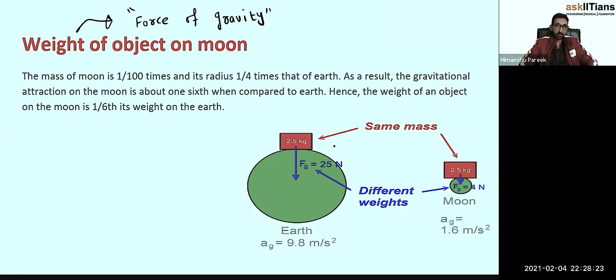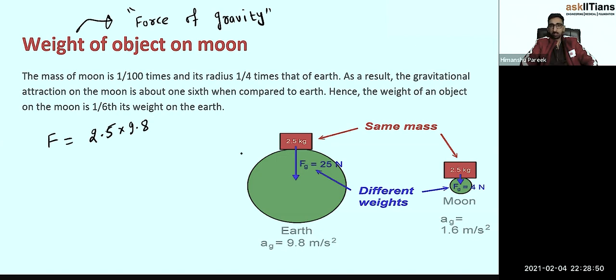Suppose you have a 2.5 kg mass. You learnt in the previous lecture that there is something called gravitational field intensity, which denotes the force acting on a unit mass particle. Right now I'm using a 2.5 kg particle, so the total force acting will be how much? 2.5 multiplied by 9.8. Approximately we use 10 also.